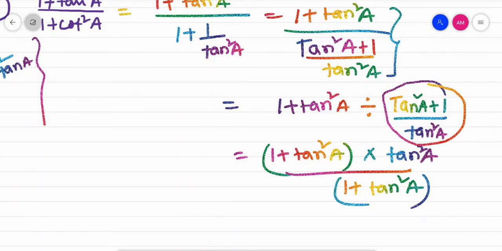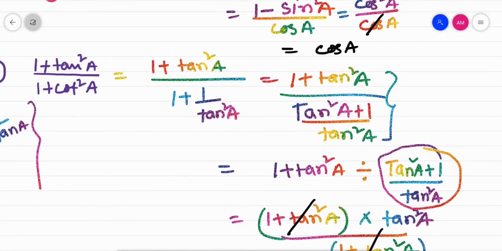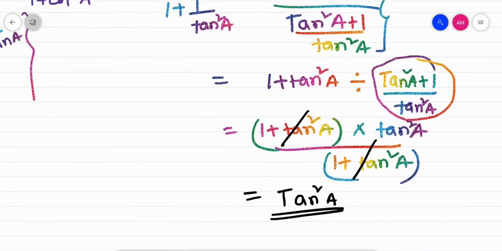Reciprocal of tan square A plus 1 by tan square A is tan square A by 1 plus tan square A. Now cross this. 1 plus tan square A and 1 plus tan square A, and you will have the answer tan square A. So 1 plus tan square A by 1 plus cot square A, the answer will be tan square A.